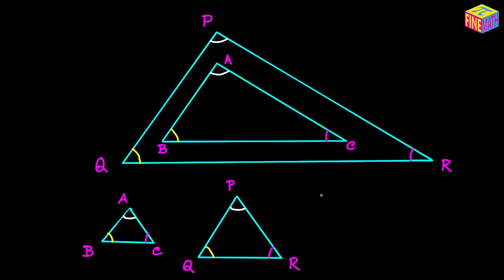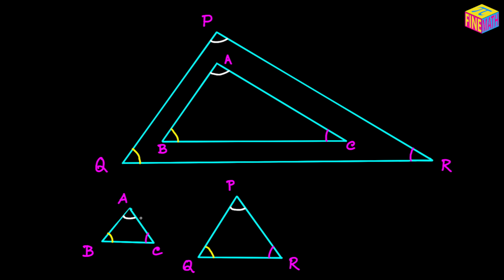And again, the triangles don't have to be one inside another. They can be separate like this. I have the second pair of triangles here in the smaller diagram. There we have a small triangle, which is triangle ABC, and a little bigger triangle, which is PQR. In this case also, both triangles will be similar if the three internal angles of ABC are equal to the corresponding three internal angles of PQR.